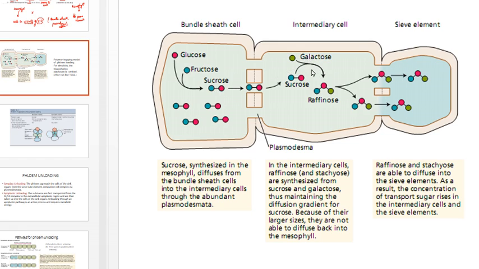In the intermediary cell, this sucrose combines with a variable number of galactose molecules and forms raffinose. We studied the raffinose series: raffinose, stachyose and verbascose. Depending on the number of galactose molecules they bind to, they form different kinds of raffinose series sugars.